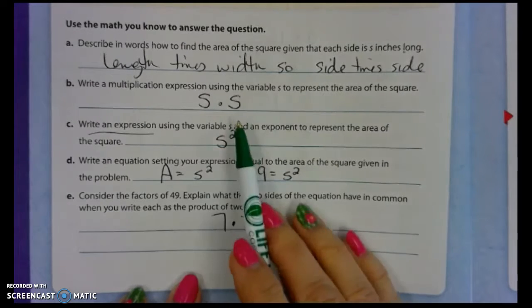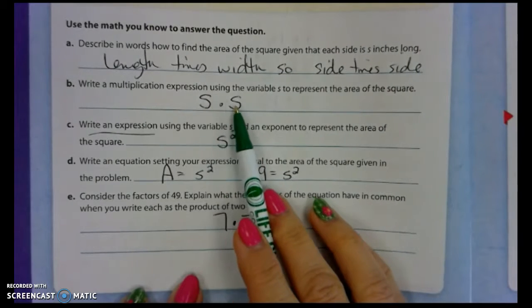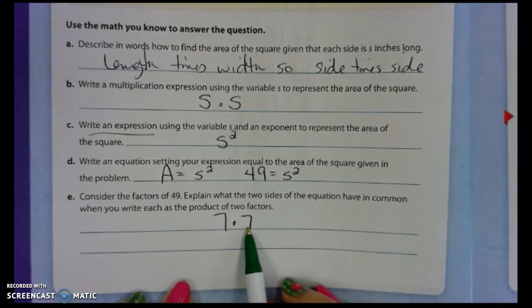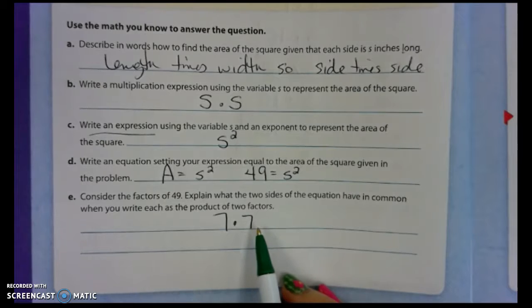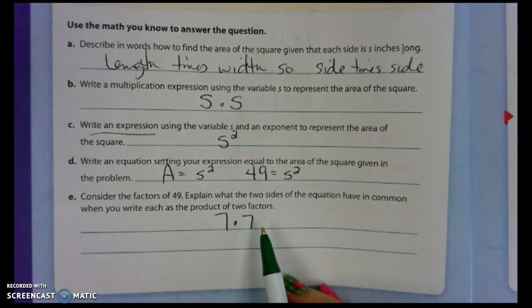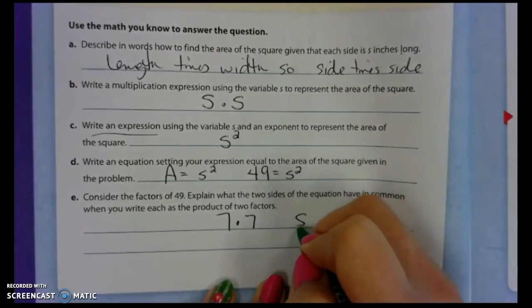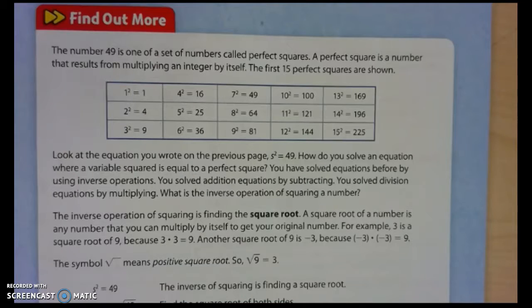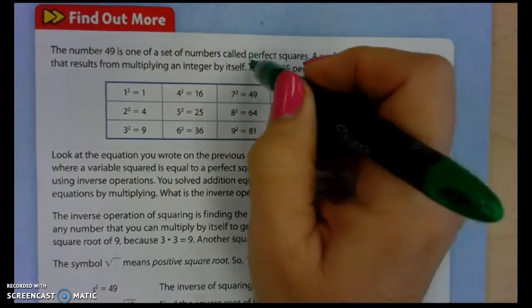If you compare the formula side times side and the factors of 49, 7 times 7, that's going to tell you that the side length, one side, would be S. S equals 7.